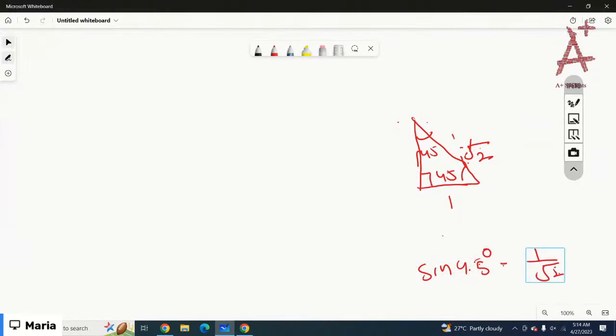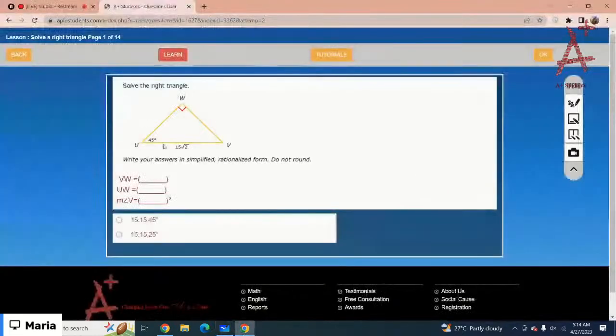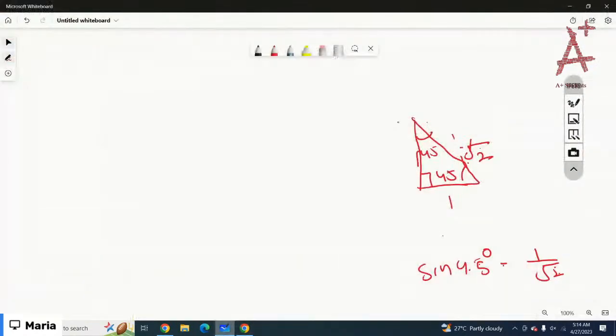Got it? So now just solve that given triangle. So it would be then the given triangle is sine 45 equals VW divided by 15 square root 2.